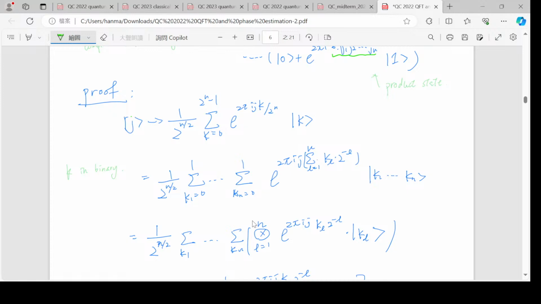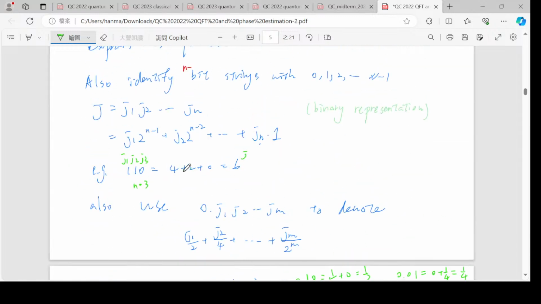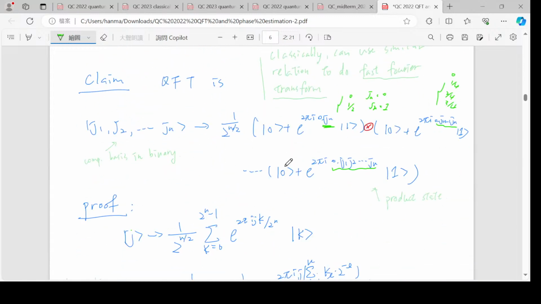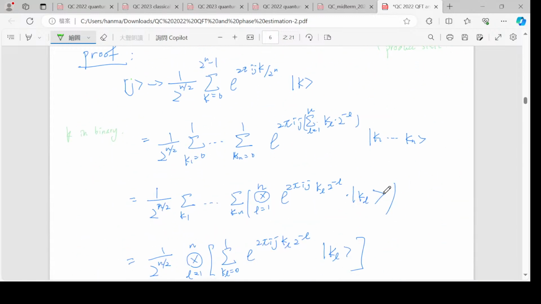but we kind of go back and forth, right? So we express k as a k1 to kn string, which is binary, but we want to express it back to decimal, and so we are doing this thing here. So now this k as a number in terms of k1 to kn is k equal to, okay.